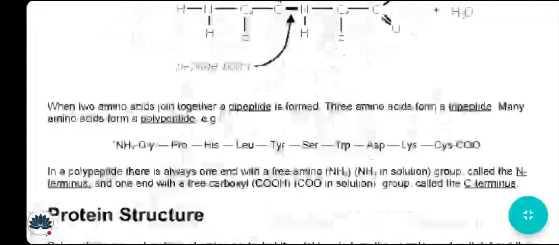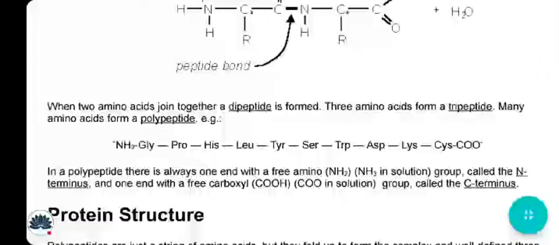When two amino acids join together, a dipeptide is formed. Three amino acids form a tripeptide, which is not important for you. Many amino acids form a polypeptide. Where there is a peptide bond between two amino acids, more amino acids mean more peptide bonds.